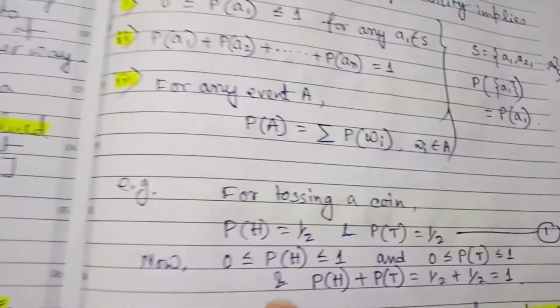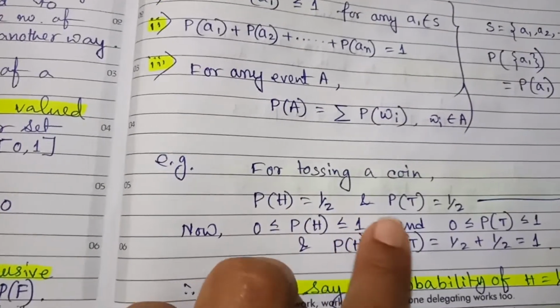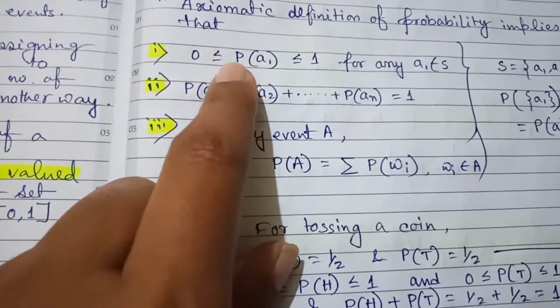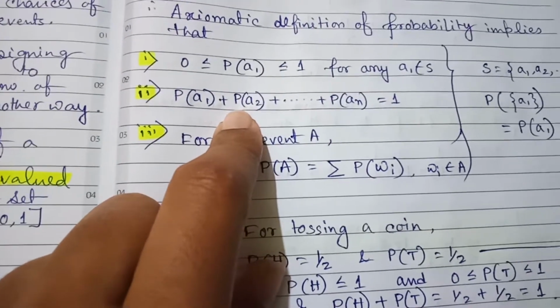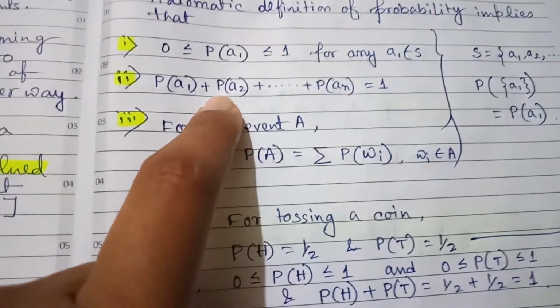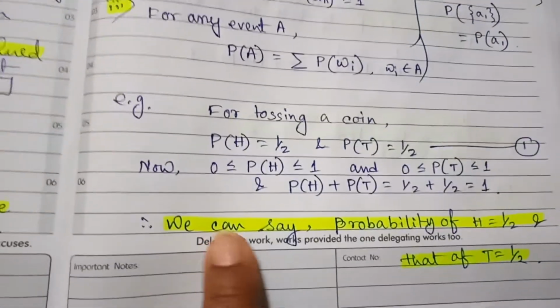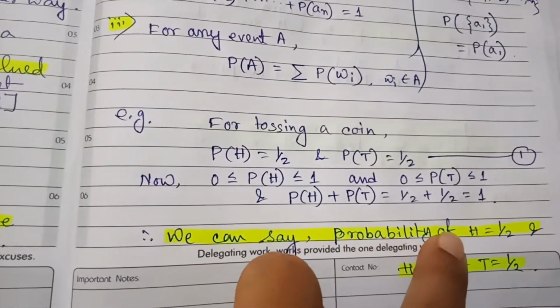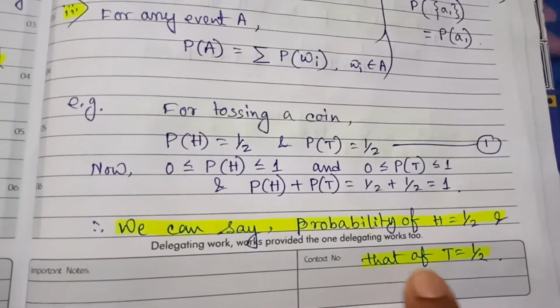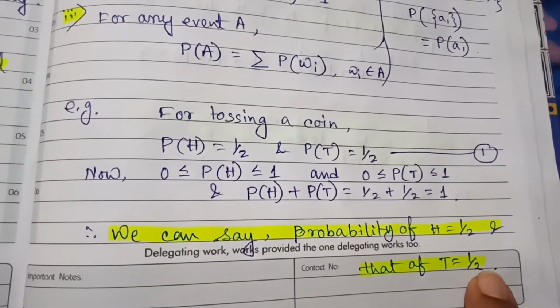We can say that for H and T, these two conditions are satisfied. As these two conditions are satisfied, we can say that probability of H equals half and probability of tail equals half.